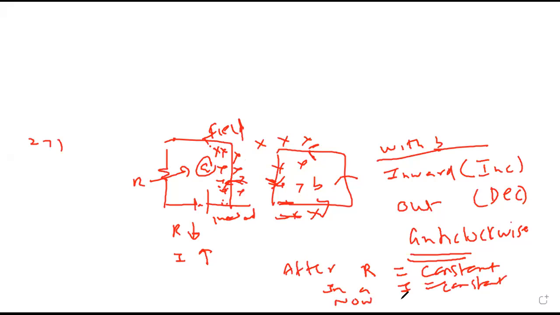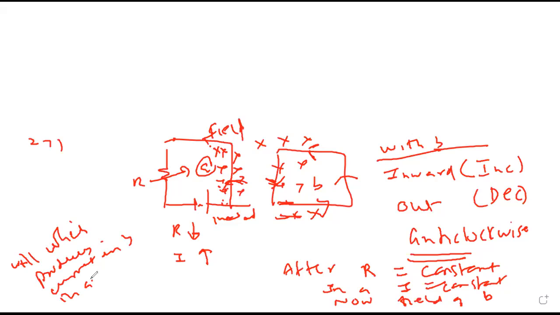Now the field of B, which produces current in B, in turn produces a field in the inward direction in A, correct?